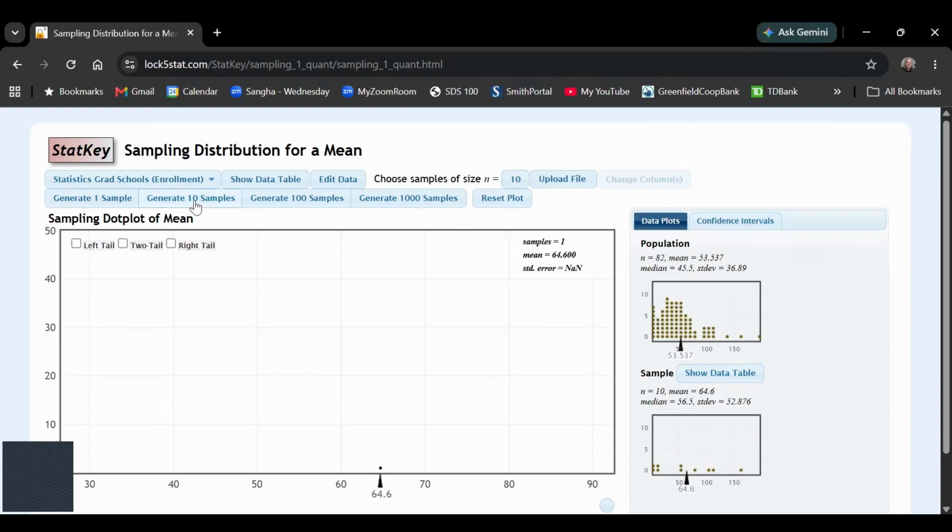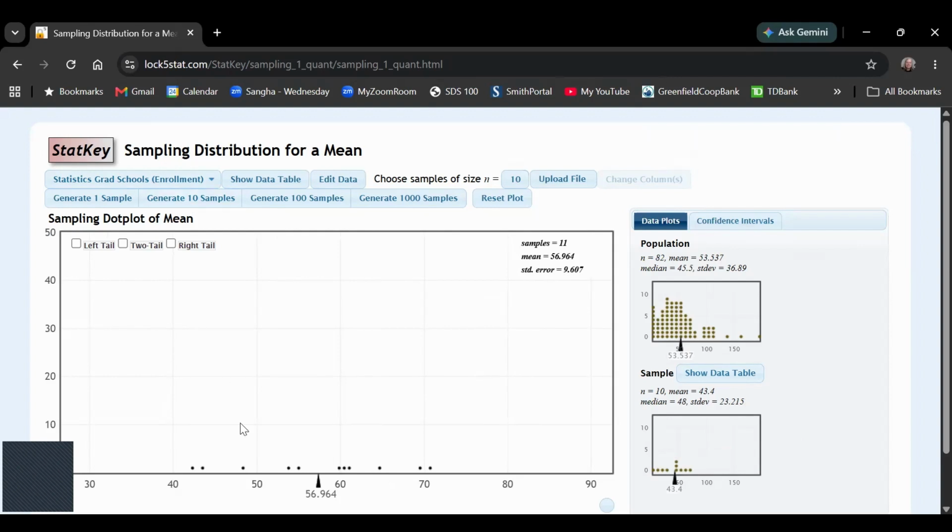Okay, let's generate some more samples. Notice that this one got plotted here. We generate 10 samples. Now, these are the different samples, and those are their means. So they all have a different sample mean, but the mean of those means is 56.964. If we generate 100 more samples, it does that.